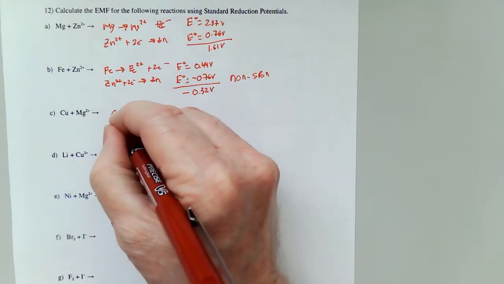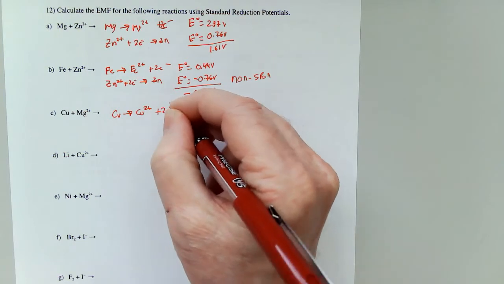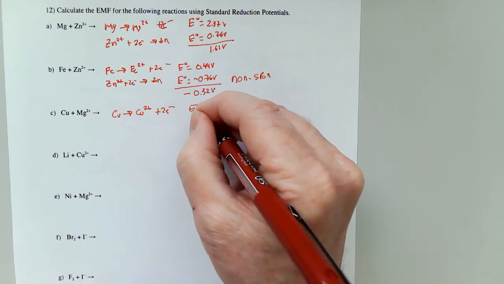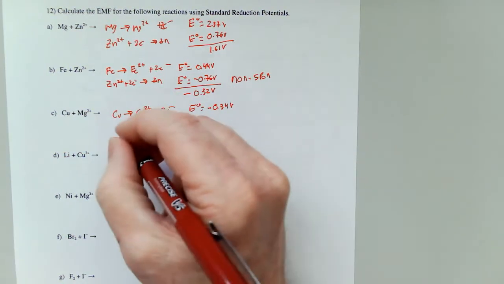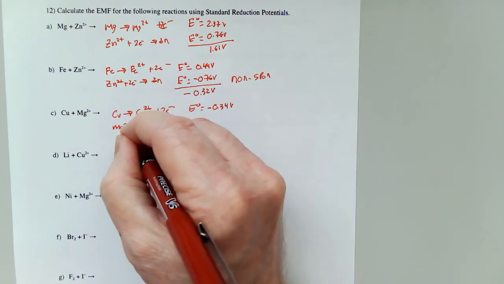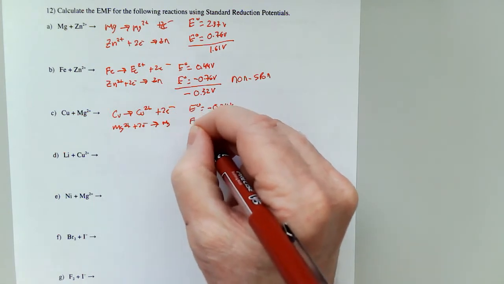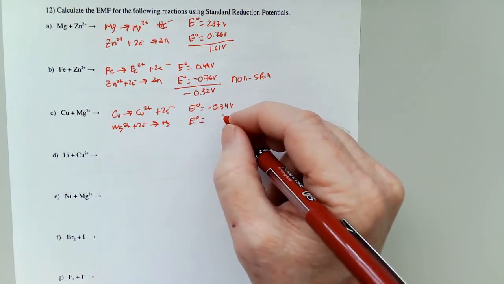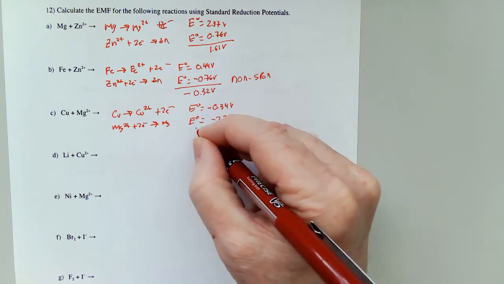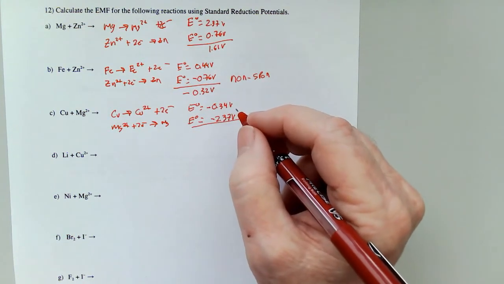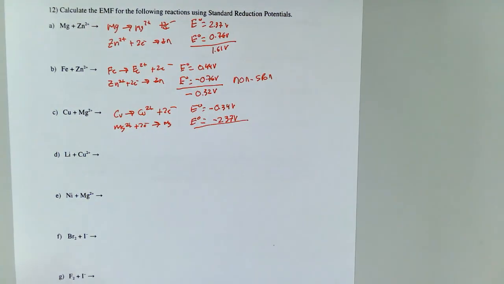Another one, copper goes to copper 2 plus 2 electrons. The E naught is negative 0.34 volts off the table. Mg2 plus 2 electrons goes to Mg. The E naught for that is negative 2.37 volts. Ooh, that's going to be a very negative number here. Let me grab my calculator.